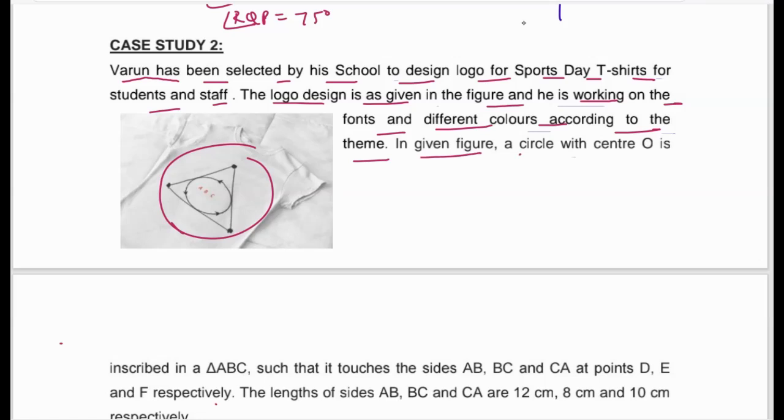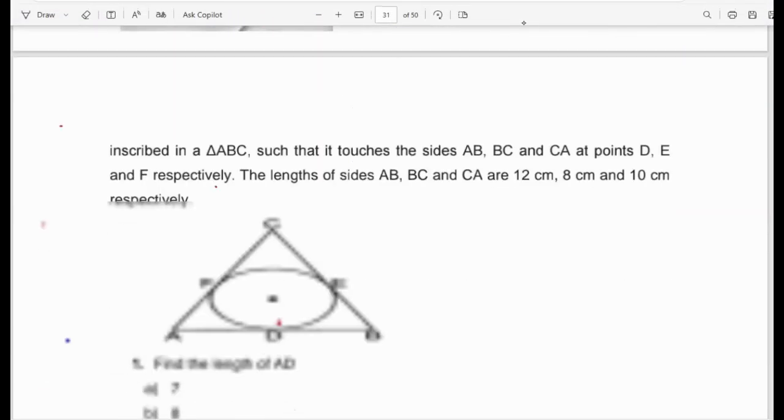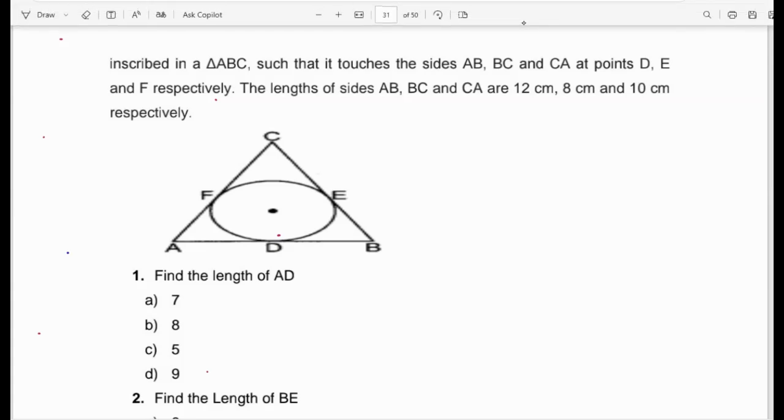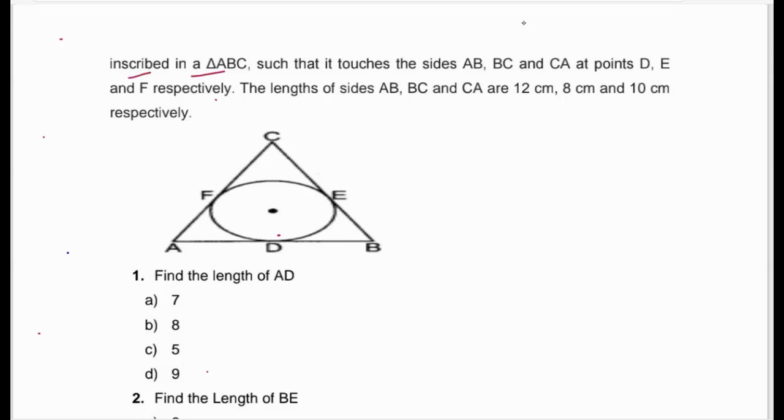In the given figure, a circle with center O is inscribed in a triangle ABC such that it touches the sides AB, BC, and CA at D, E, and F respectively.